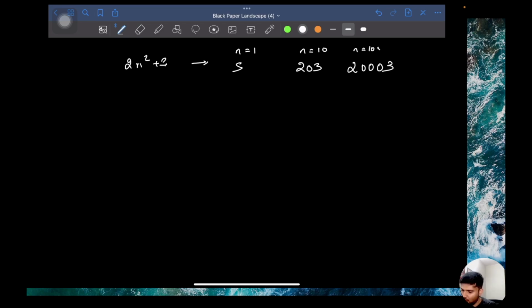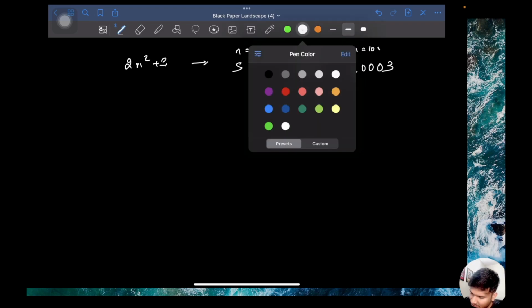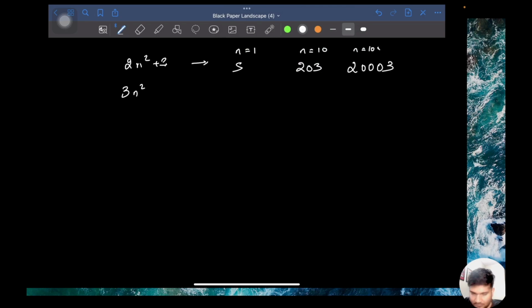Okay, cool. Now, if I write a function 3n square, what will be the value for n equal to 1? It will be 3, right? n equal to 10 will be 300.